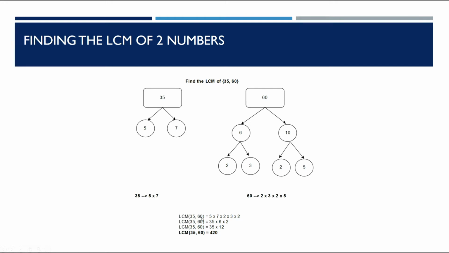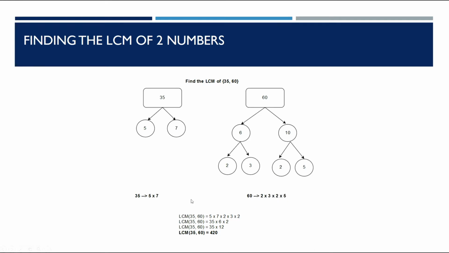So to find the LCM of 35 and 60, we first need to bring down the numbers that we get for 35, which are 5 and 7, which you can see here. We then want to bring down the numbers for 60. And what we have here is 2, 3, and 2. As you can see, we do not bring down the 5. We don't bring down the 5 because in order to get 60, only one 5 needs to be present.